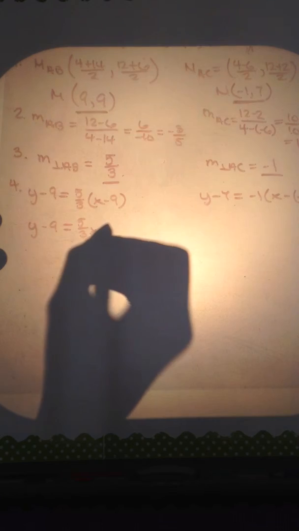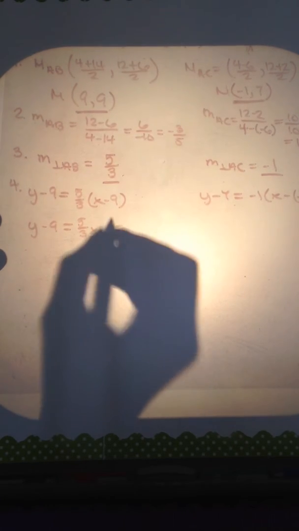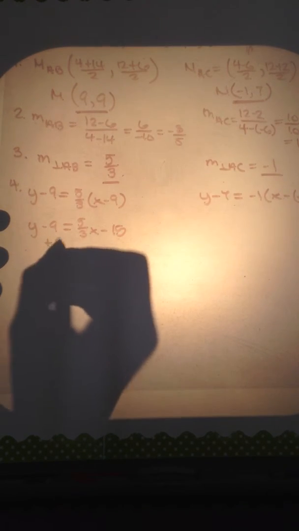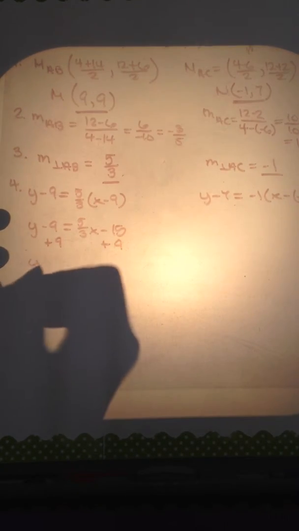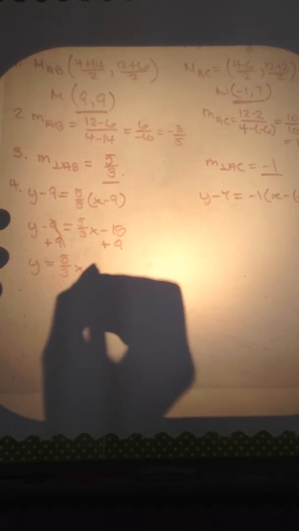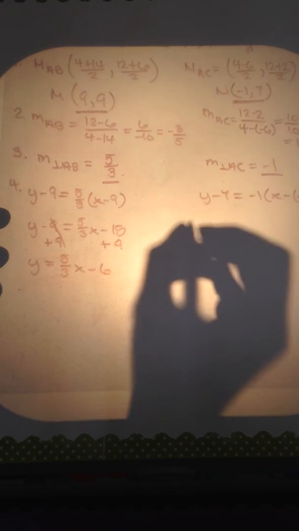Now we go ahead and solve both of these for y. I'm just going to complete this side and then complete the other one. So y minus 9 equals 5/3 x minus 15. That's negative 9 times 5/3. You can do that in your calculator. And then add 9 to both sides, and I'll get y equals 5/3 x minus 6.